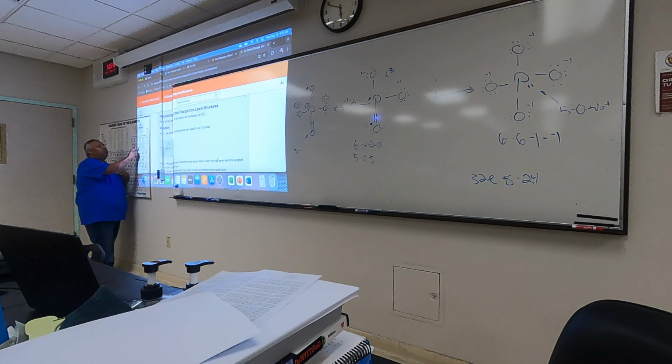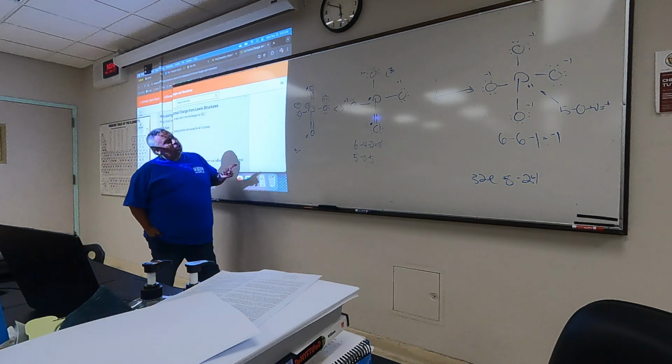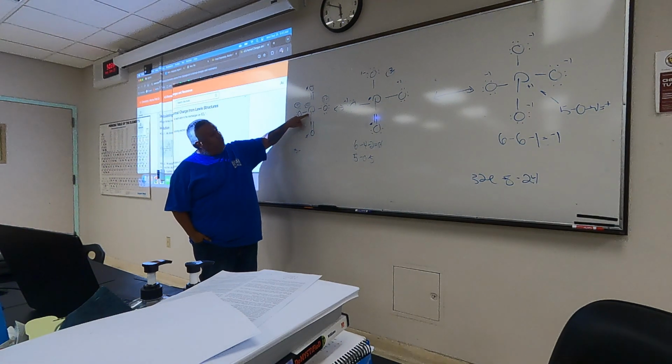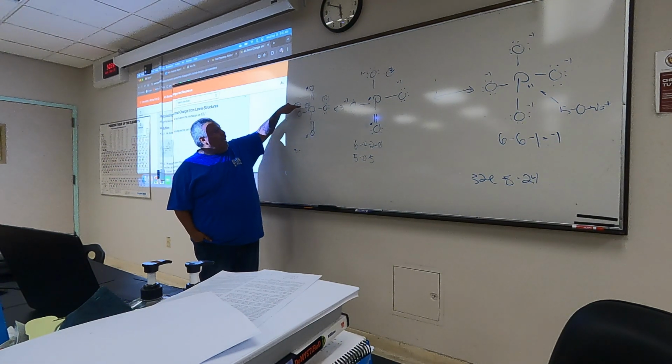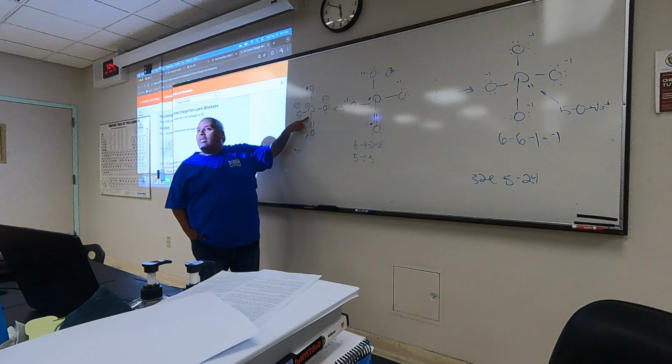So oxygen should have a partially negative charge, and phosphorus should have a partial positive charge. Do you think it's okay for phosphorus to have a negative charge if it should be partially positive?